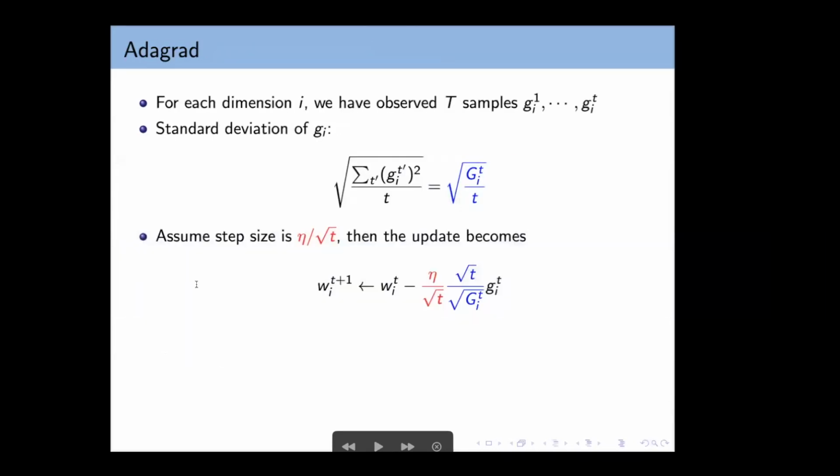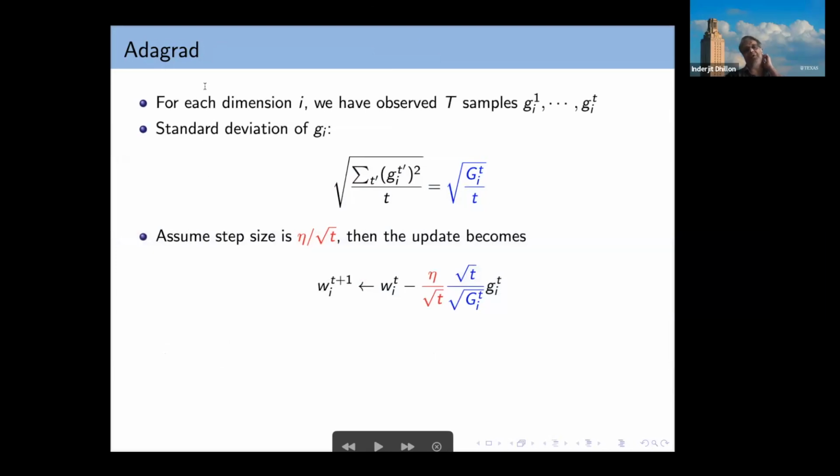Thank you. Sure. And then, just to go through AdaGrad again, right? For each dimension, we have T samples, g_i, from iteration step 1 to step T, and this is each dimension i. If you think about the standard deviation, it scales as square root of T. And if you assume that the step size is declining with square root of T, then you can do this, right?